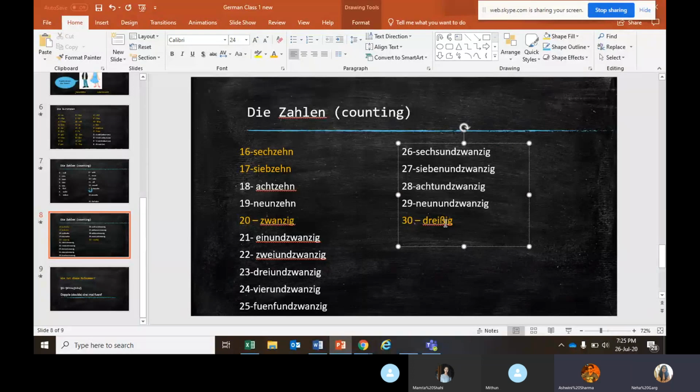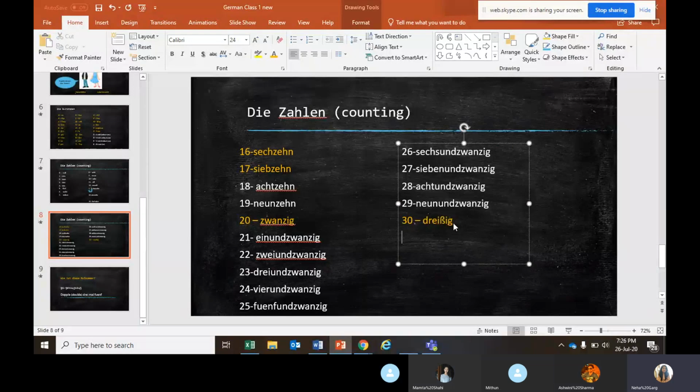But with 30 we would not have zig. We would have the double S, which means ss, and then ig. Excluding 30, the other numbers, 20, 30, 40, 50, 60, would be almost similar. Only 30 is a little different.